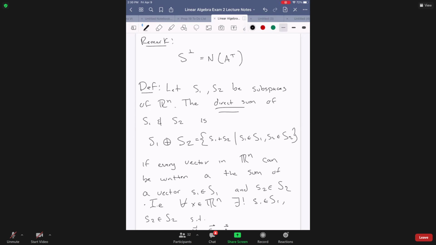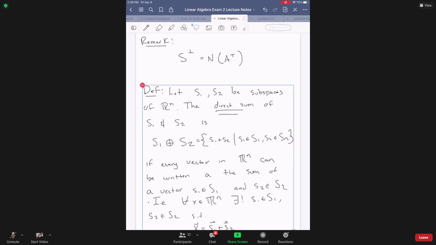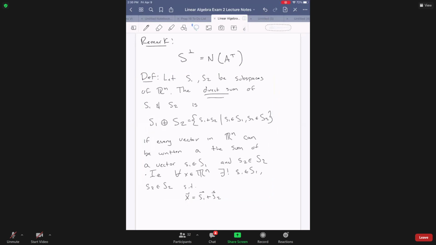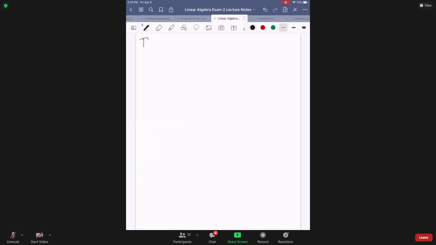So this is what I mean. Let me go to the next page. So, theorem 5.4.1.